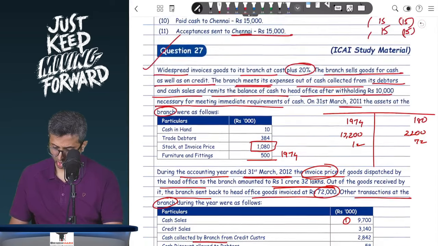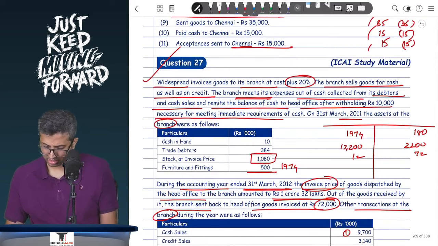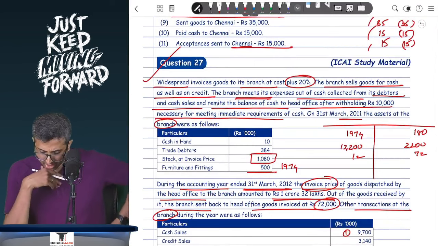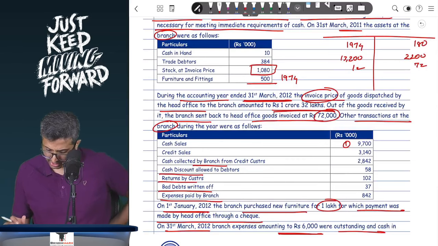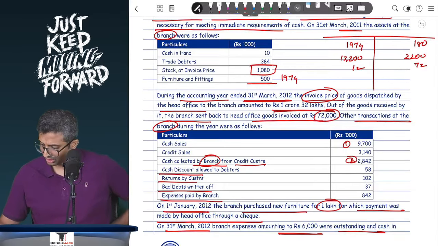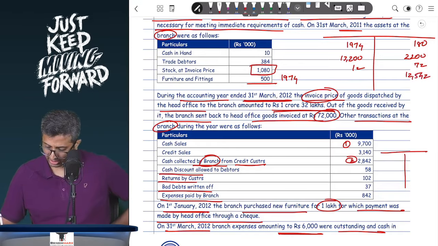Now how will we, just a second, you have trade debtors, invoice, cash sales, cash collected by branch from credit customers. So this is 2, perfect. So this will come 9,700, 2842, 12,542. Now you will use this data to find the closing debtors. Like your opening debtors were 384.